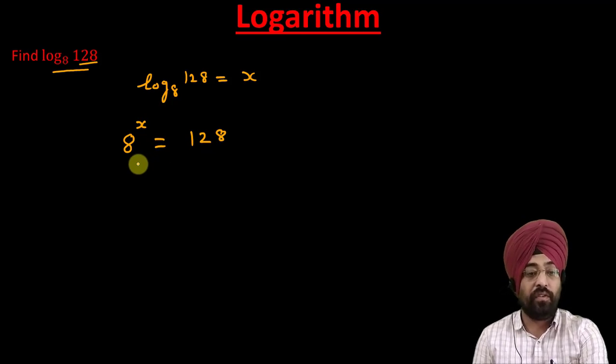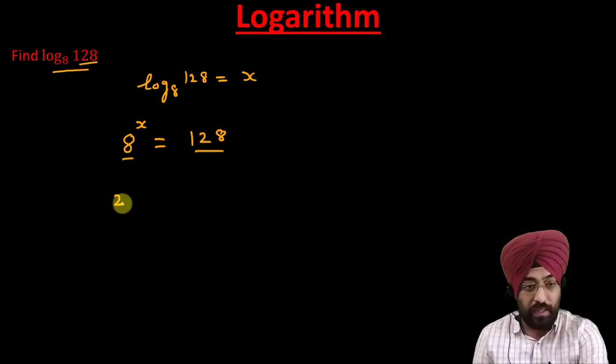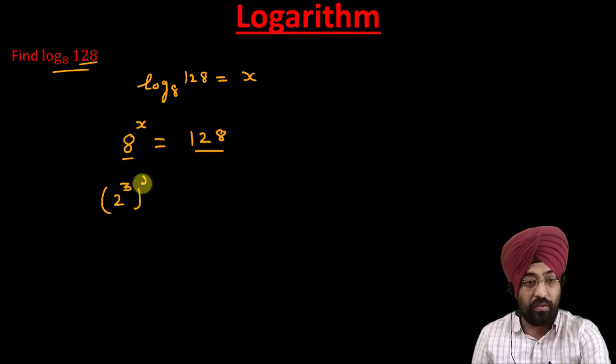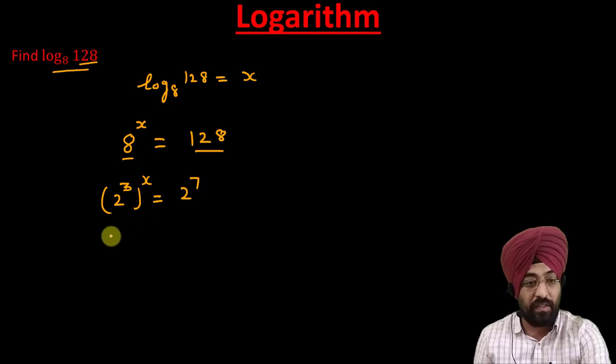Now to find the value of x, it is easy if we convert these two numbers to the same base. Now 8 can be written as 2 raised to the power 3, so (2 raised to the power 3) raised to the power x is equal to 128, which is 2 raised to the power 7. So 2 raised to the power 3x is equal to 2 raised to the power 7.